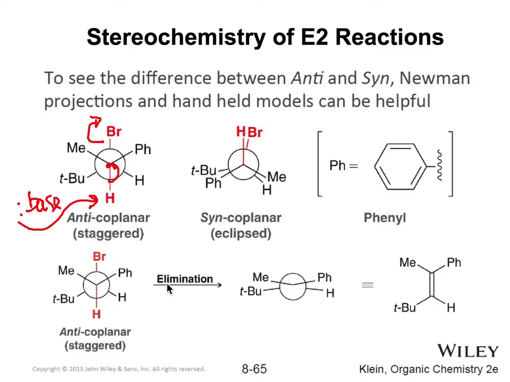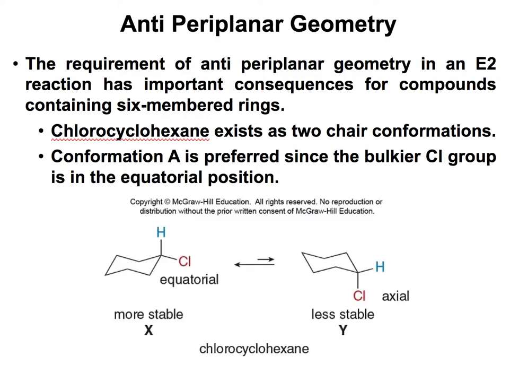So once the elimination happened, all your groups will look like this, which is the same as having them in this projection right here. That doesn't happen when those two are eclipsed, because for the base to come from the top where the bromine is already there and it's bulky, that is very unlikely to happen.